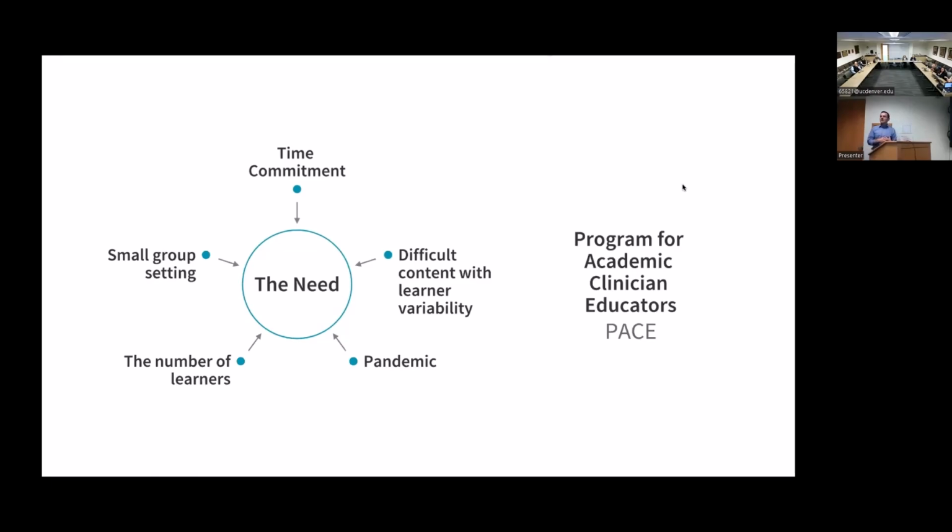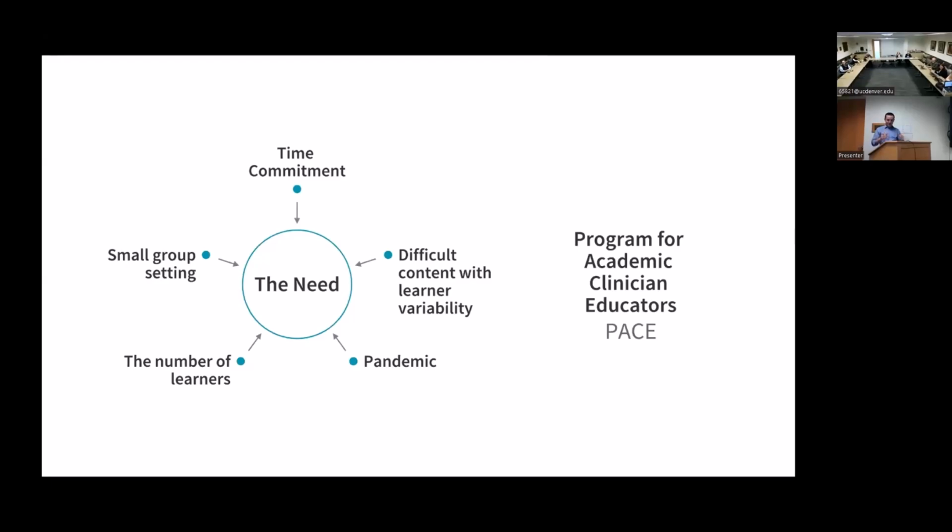It was not in the best position for large lectures. So that requires significant time commitment. There was a difficulty also with learner variability. Some faculty had some degree of expertise, but some had none. So there was a need to speed up and slow down depending on who was in the room.